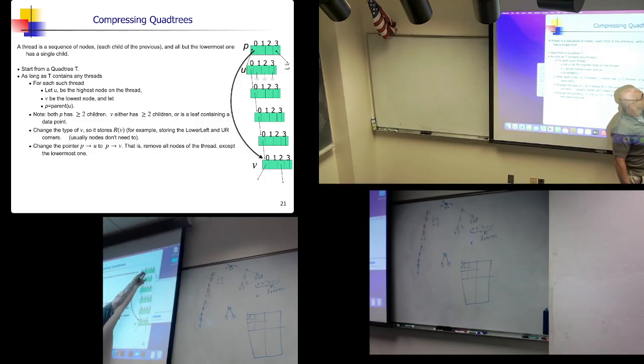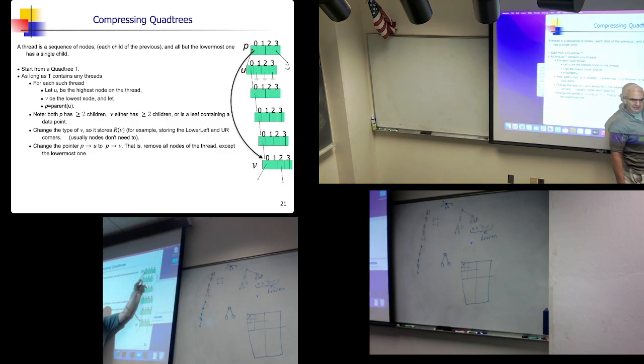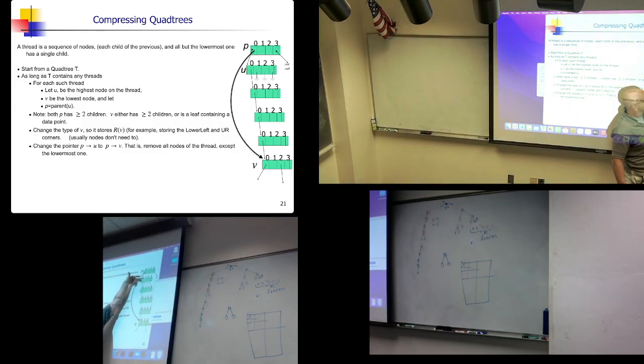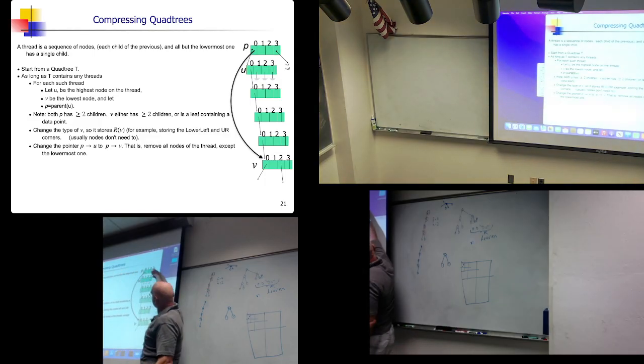And now I do the obvious trick. I look at the pointer that points to the first node of the shred. The parent of the first node is P. U was the beginning of the shred. Its parent is P. There is an obvious modification if the shred starts at the root, and you figure out what to do. If it has a parent, then this parent has 2 children.